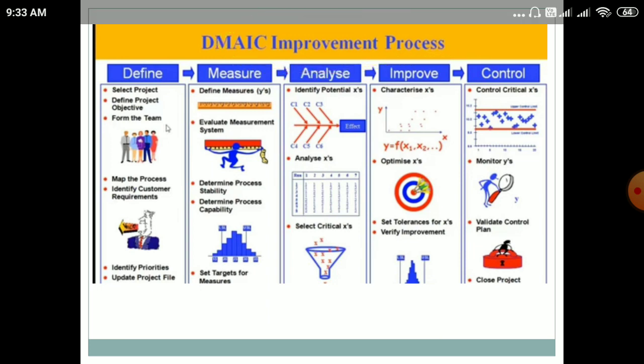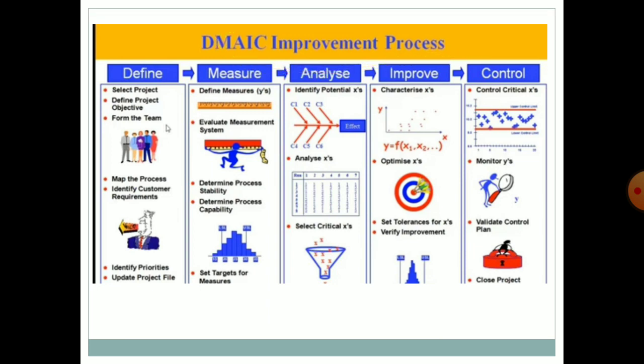So first we have to define the product, we have to define the process for which we go for Six Sigma. Suppose reduction in variation in the tolerance. Suppose a company produces a shaft, we'll take the simple example, of diameter 30 and tolerance given as plus minus 0.5, on a particular manufacturing machine.